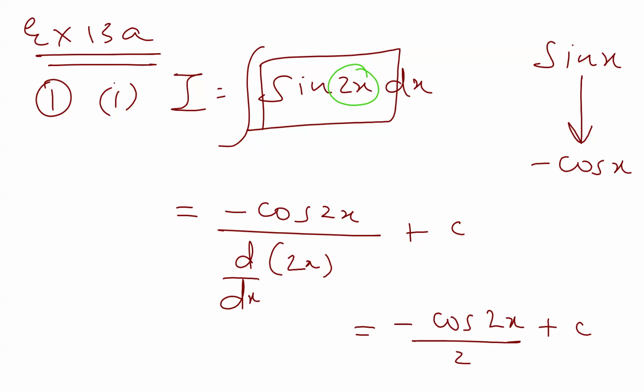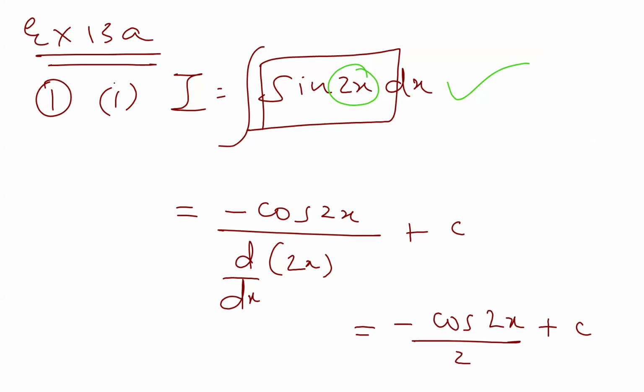Now see, let me ask this once again. Who is x over here in this problem? 2x. Derivatives never really had any rules on chain rule or composite function. But integration has certain rules.